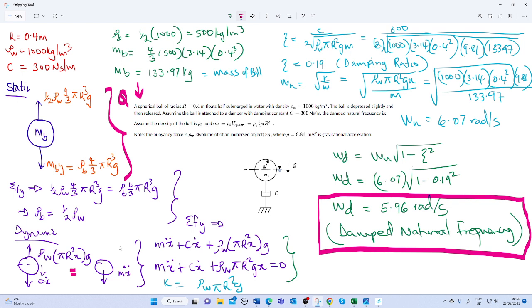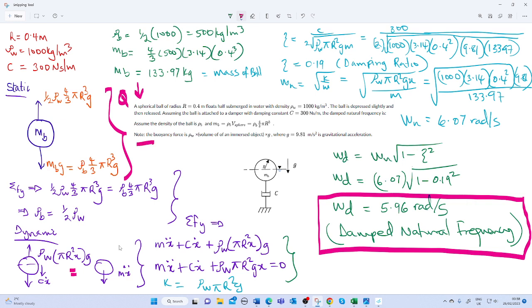Now we are here to calculate the damped natural frequency of the submerged ball, assuming that the density of the ball, rho b, and the mass of the ball, mb, equals rho b V, that is the volume of the sphere, equals rho b, the density of the ball, multiplied by 4 over 3 pi r raised to power 3.